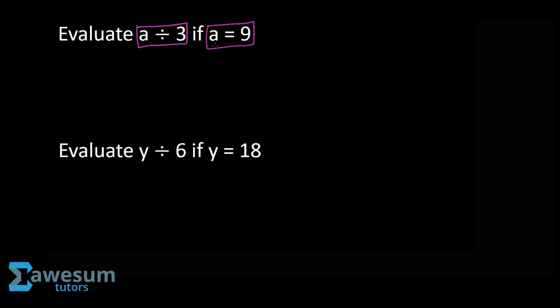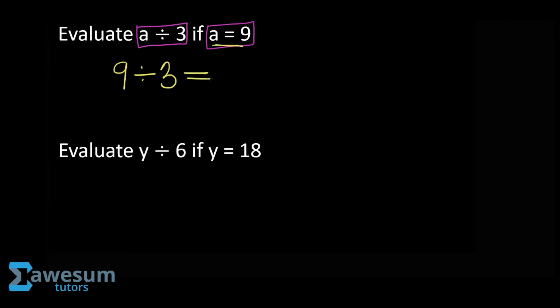Since we have been told that a equals 9, in this expression, instead of writing a, I can write it as 9. So I will say 9 divided by 3. A divided by 3 becomes 9 divided by 3 because a equals 9 according to what you have been told right here.